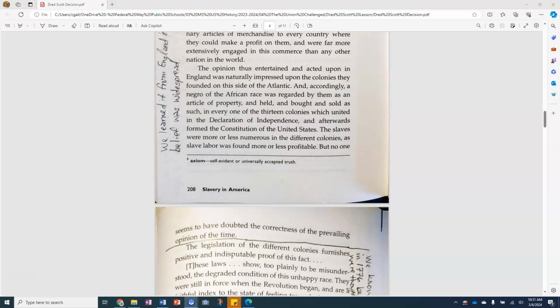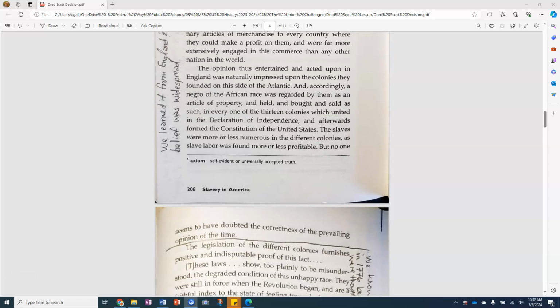Right? So because England was doing it, they naturally impressed this opinion and these actions on their colonies here in the modern US. Okay?